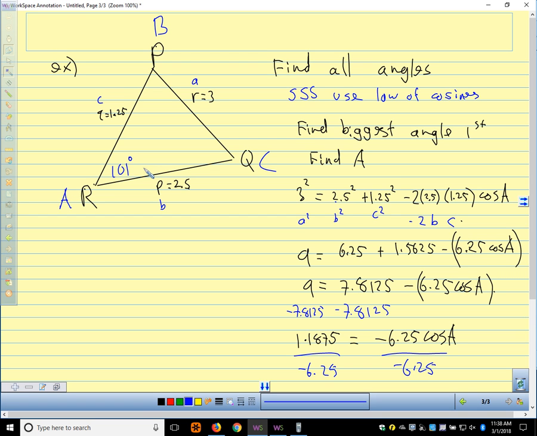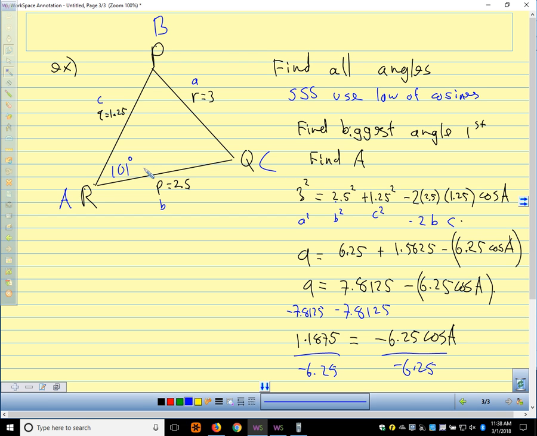But here the problem says find all angles. We could use law of cosines again, but we've seen that law of cosines takes quite a bit of work, right? Just use the law of sines.